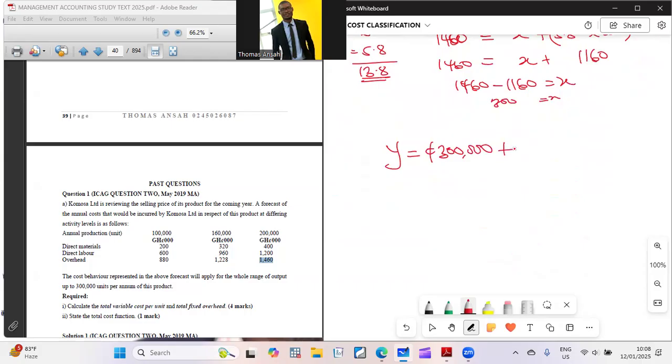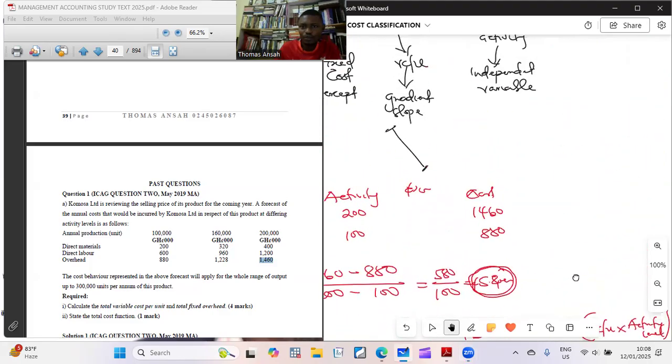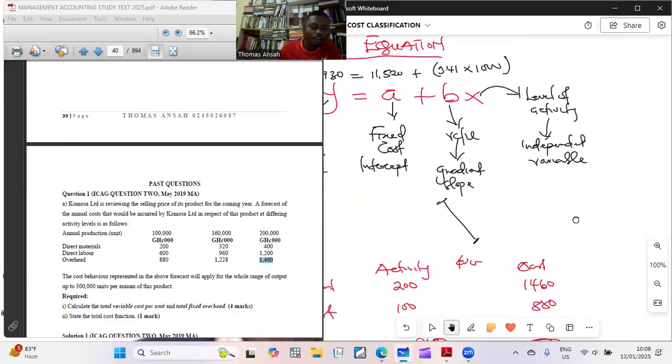Plus the total variable cost per unit that we did. What was the gradient, the total variable cost per unit?